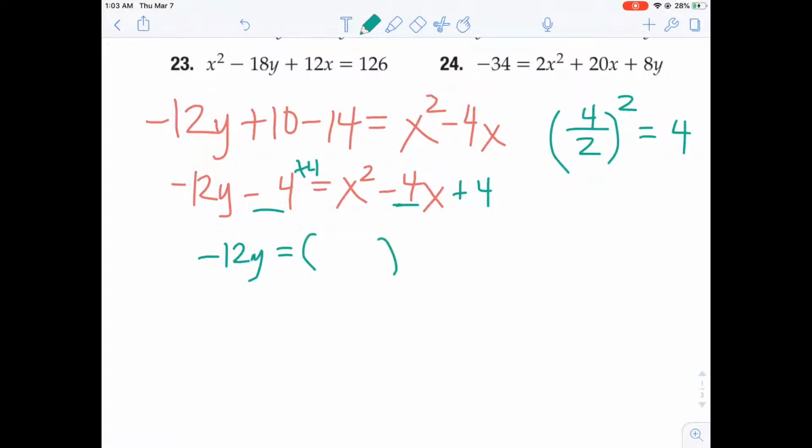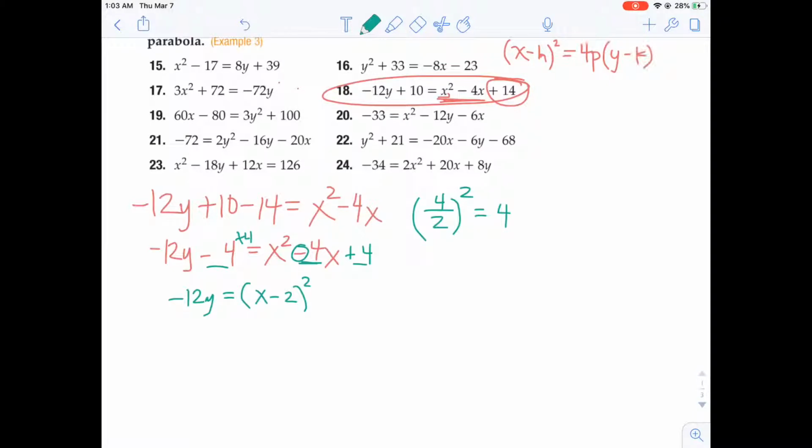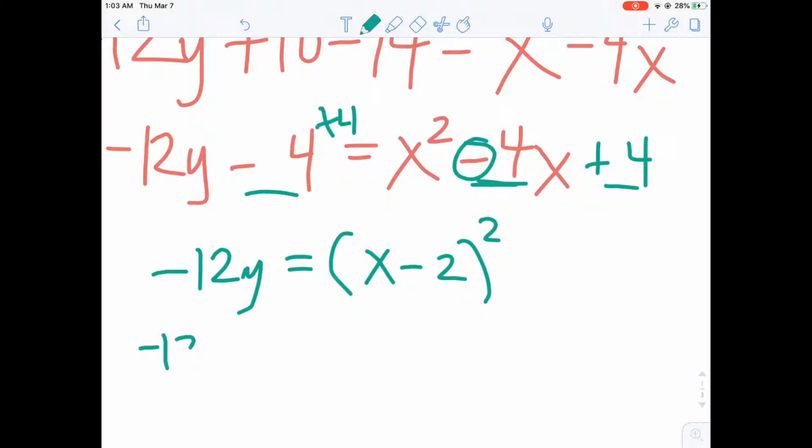So that is now a complete square, which will become x minus 2. Negative 2 times negative 2 is positive 4, and then negative 2 minus 2 is negative 4, this middle value there. Remember that this sign always tells you whether it's going to be a positive or a negative in the middle there. We've almost got it in standard form. We've got this x minus h squared is x minus 2 squared, and on this other side, what we want to do is just imagine that this is negative 12y minus 0, kind of like we did in the other example.